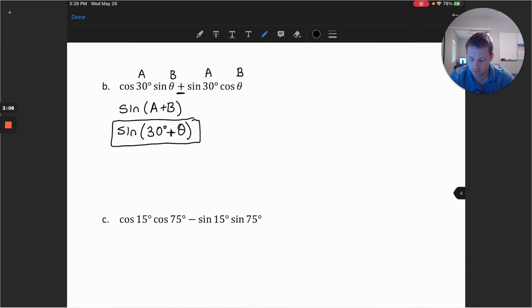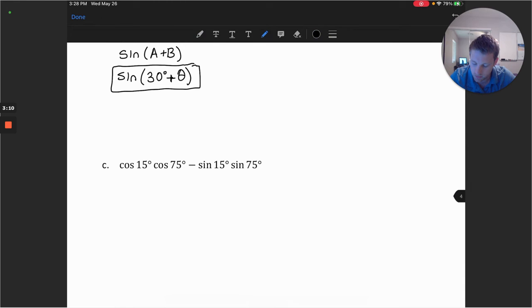And the last one we can take a look at as well. We have cosine of 15, which we'll call A. 75 we'll call the B angle. And so again, this looks like an arrangement for cosine because we start with the cosines.